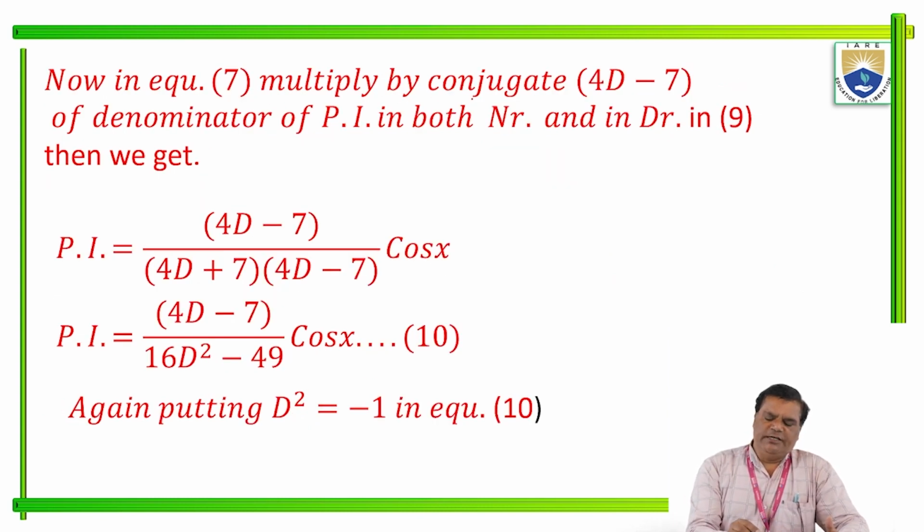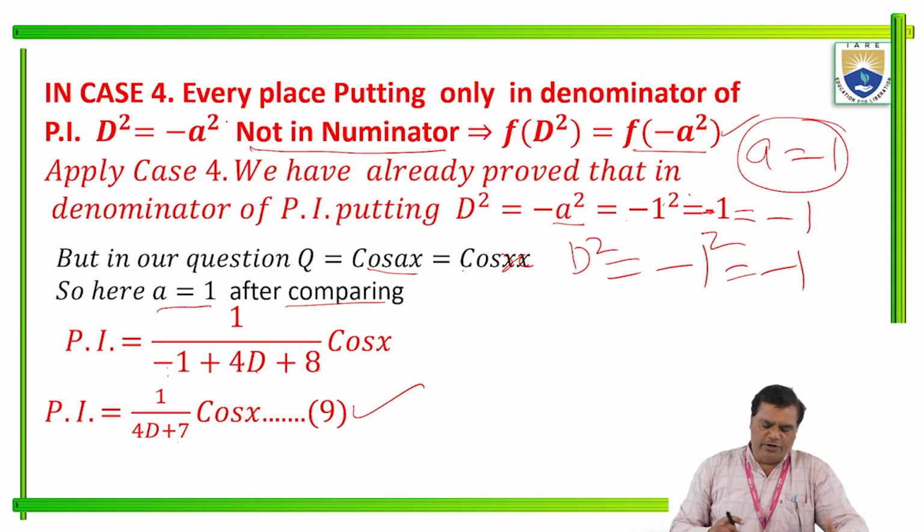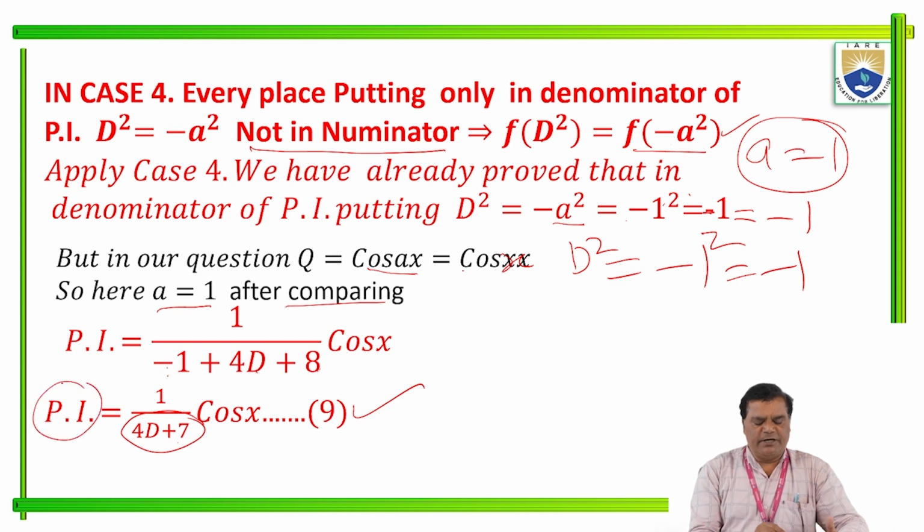Now in equation 9, multiply by the conjugate of the denominator. The denominator is 4D plus 7, so its conjugate is 4D minus 7, changing only the sign. Here we apply the formula (a plus b)(a minus b), so again we get D square.